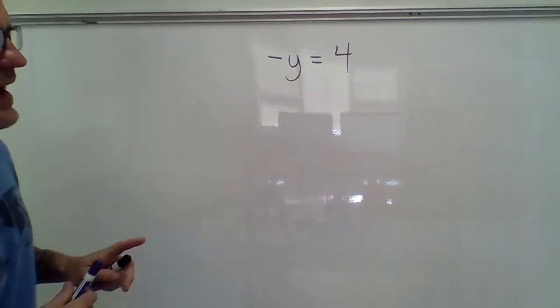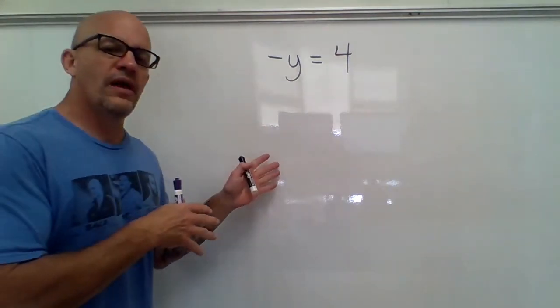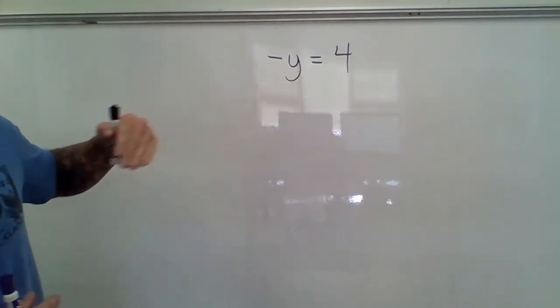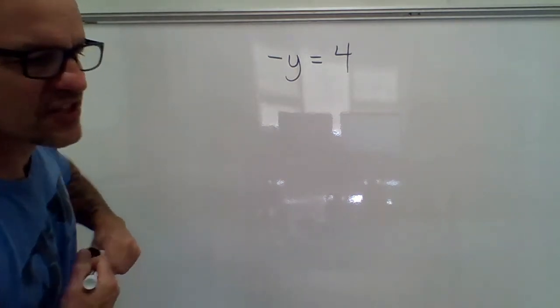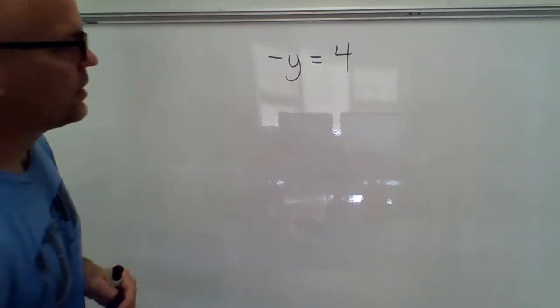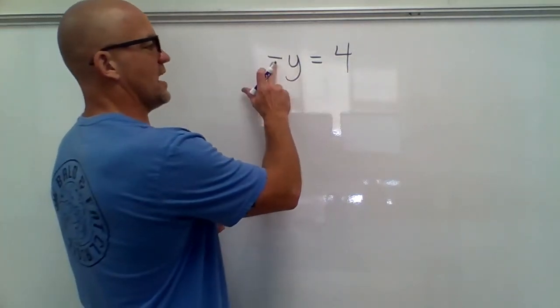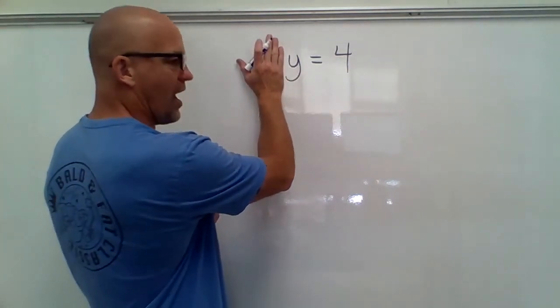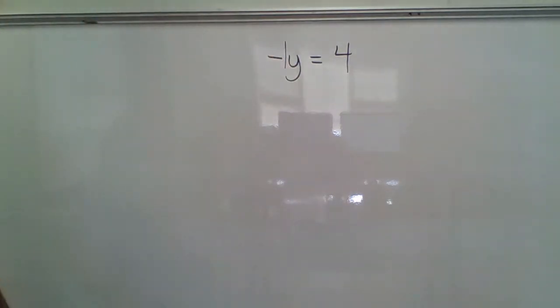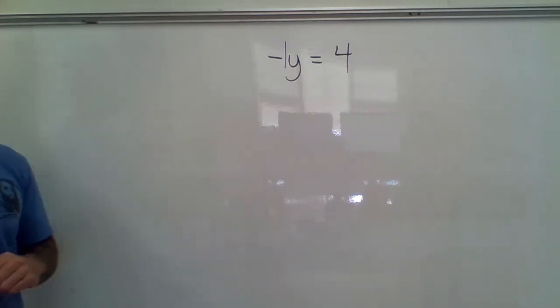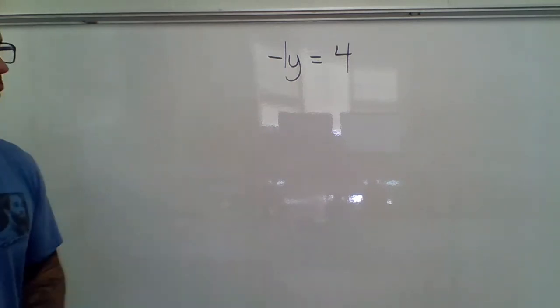Keep in mind that anytime you have a variable, whether there's a negative in front of it or nothing in front of it, it still has a coefficient, and it has a coefficient of 1. So regardless of whether it's the opposite of y or just y, I can always sneak a 1 in there, and I've changed nothing.